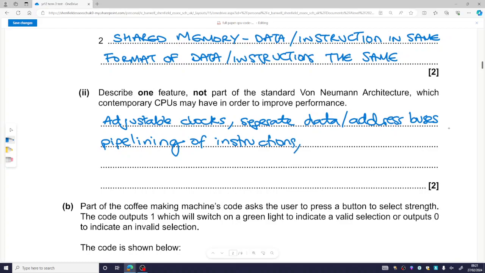What's a big thing? There's two main ones. So clocks is one thing that can improve performance. What are the other two easy wins that we can do for performance on a CPU? What was that? Cores, yeah, multiple cores. So effectively more than one control unit. So multiple cores, or you could say execution units.